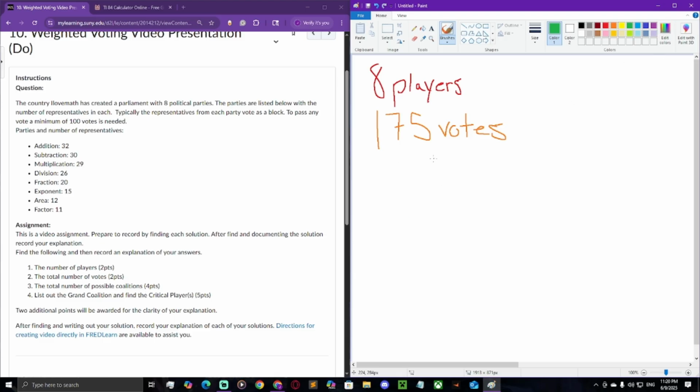There's actually a formula that you can do for this. It can either keep in the empty coalitions or empty groups, or remove the empty groups. That equation is 2 to the power of n, n being the number of players, minus 1. If you wanted to keep the empty groups, you just remove that part, but we do not want empty groups as part of the coalition, so we're going to do minus 1.